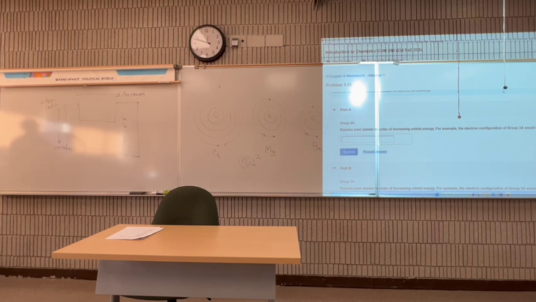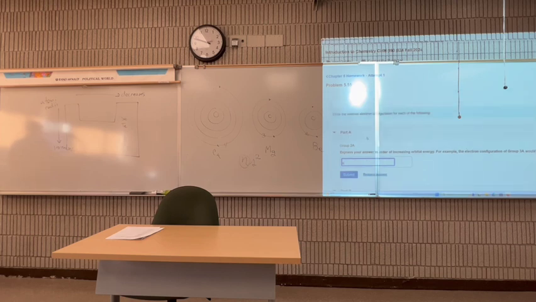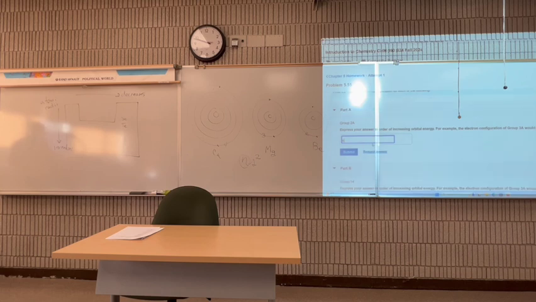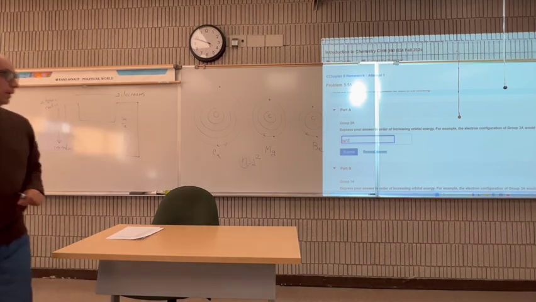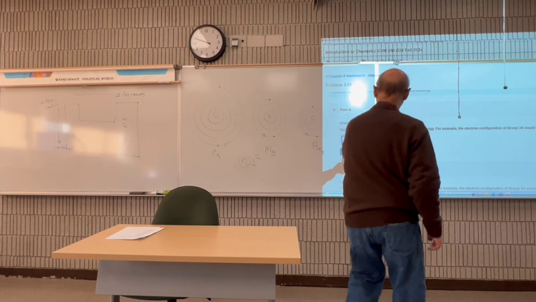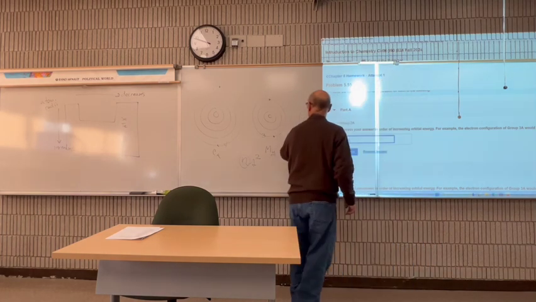Well, this is my interpretation, so let's see. Write the valence electron configuration. My guess would be to write it just like this, because they're not expecting the internal ones.